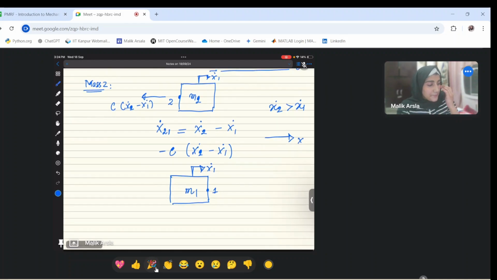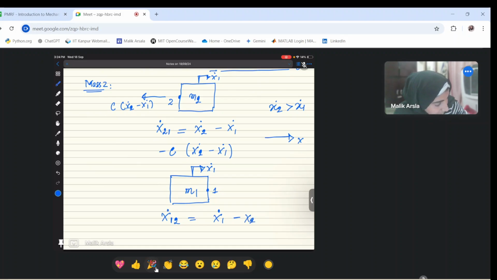When I write the relative velocity of point 1 with respect to point 2, or mass 1 with respect to mass 2, it will be equal to x1 dot minus x2 dot.